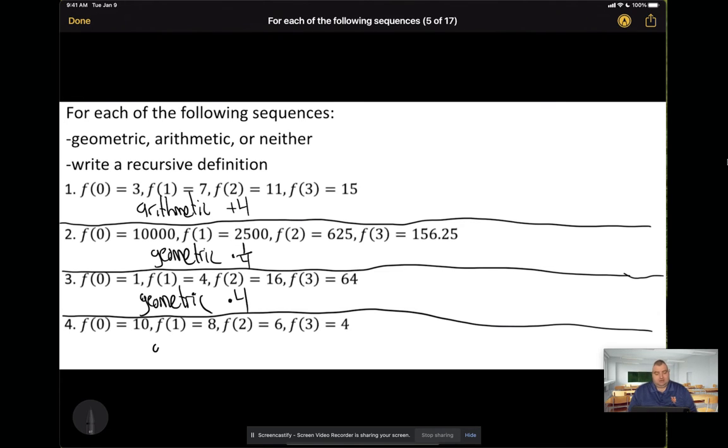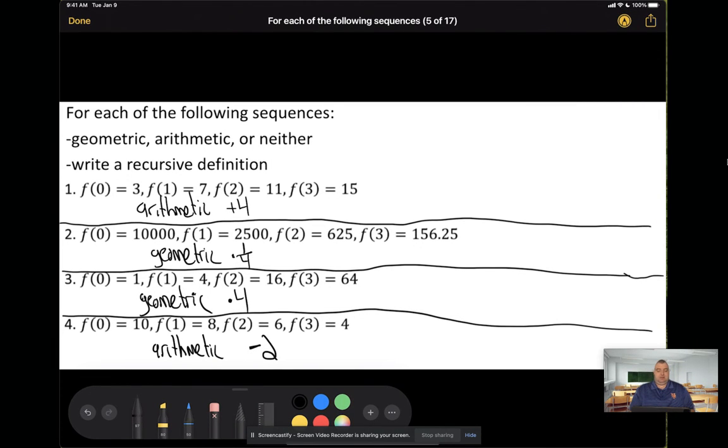That is pretty clearly going to be an arithmetic sequence. Why arithmetic? Because I am subtracting 2 each time. 10 minus 2 is 8. 8 minus 2 is 6, so on and so forth.